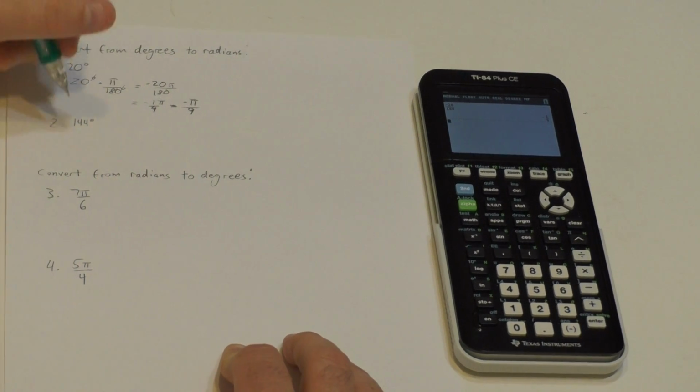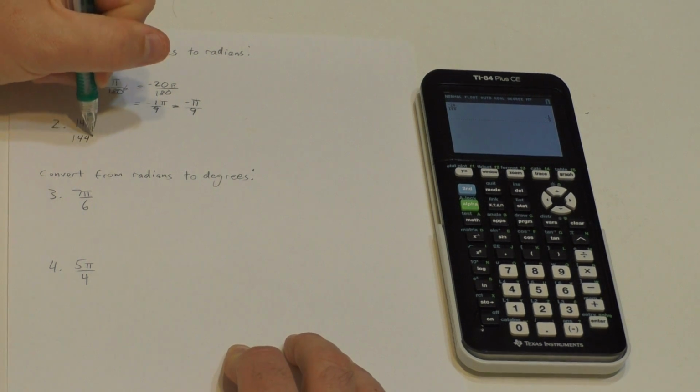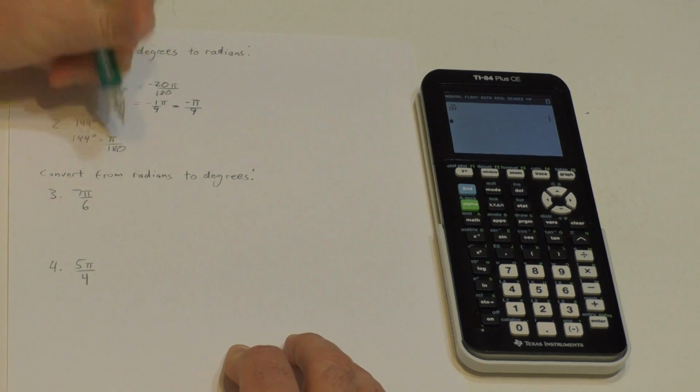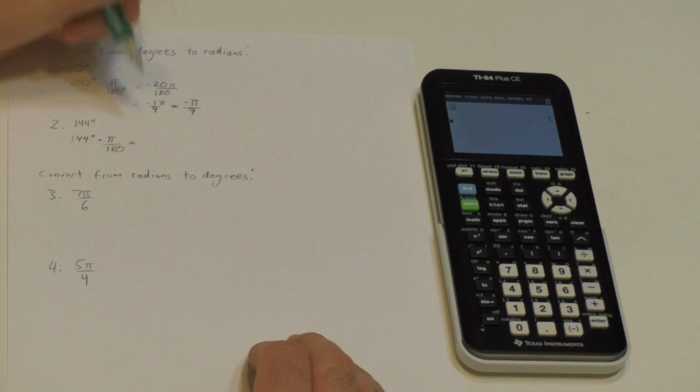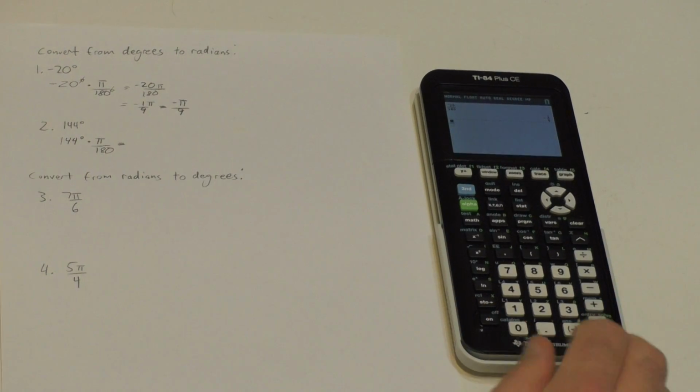Okay, so let me do the same thing here with 144. So I'll put 144 degrees times pi over 180. Alright, skip a couple steps here. I'm just going to put 144 over 180 and reduce. Again, I'm just going to use my calculator.